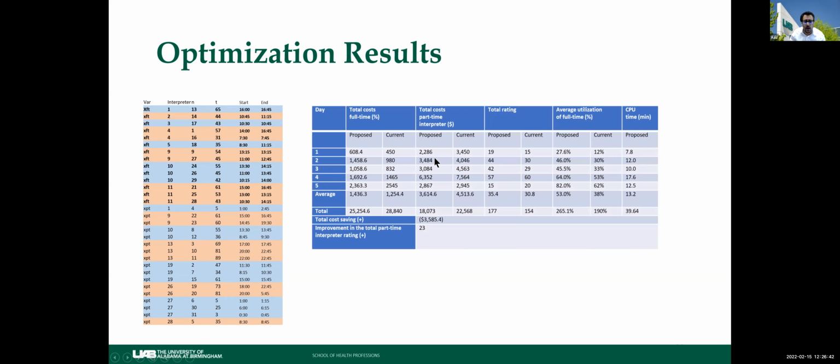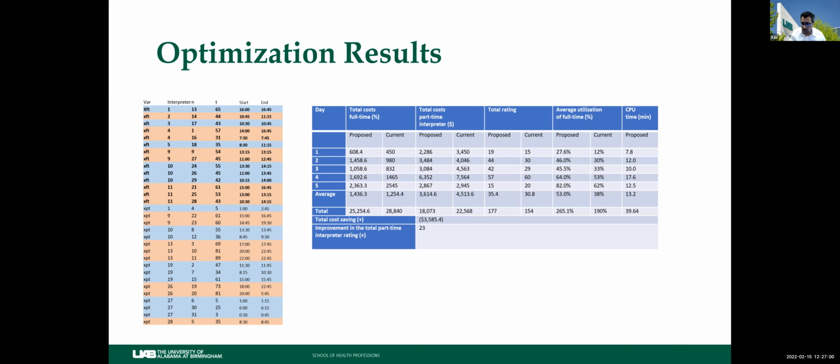And then we compare the proposed model with the current system that they are using in the hospital. So what they're using is they don't consider the cost, and they don't consider the rating for the part-time interpreters.